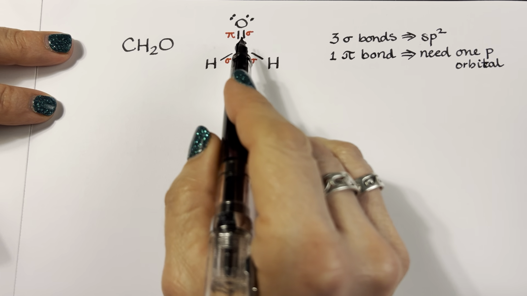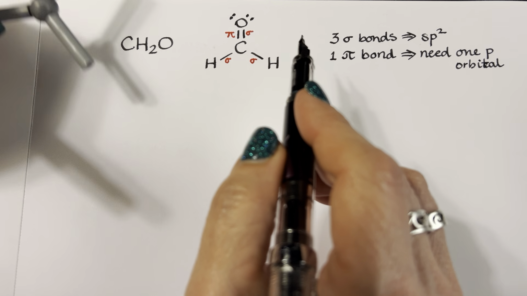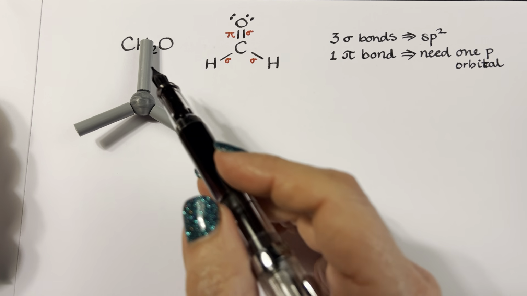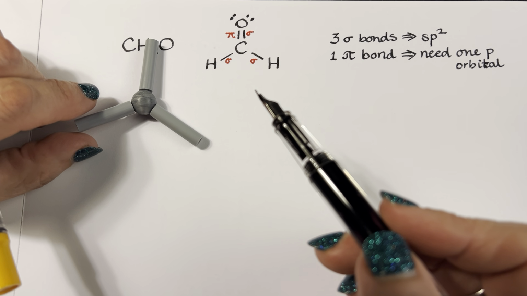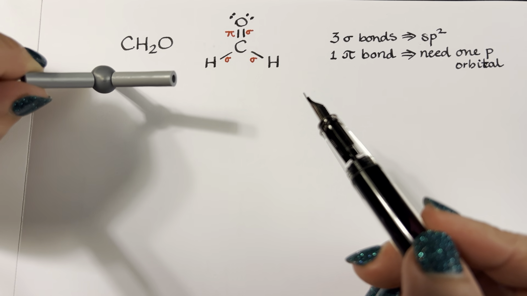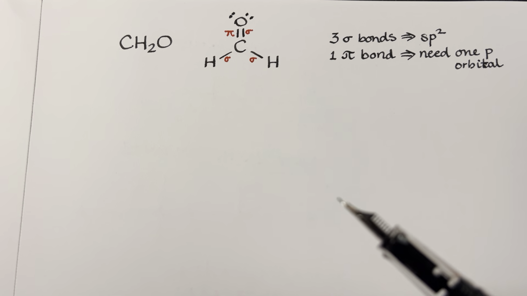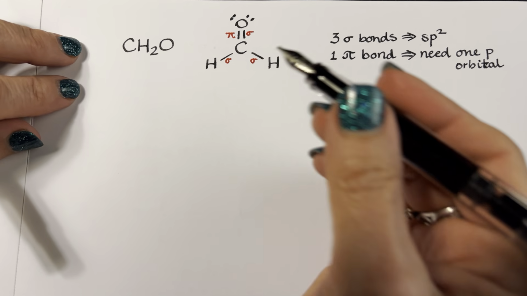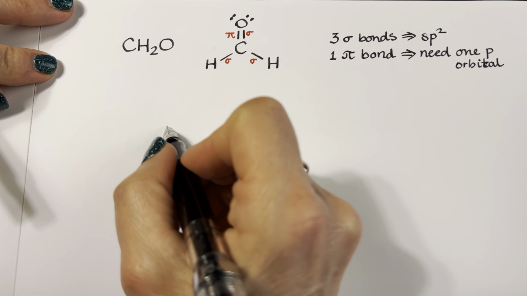Okay, this is more of a bird's eye view looking down on the molecule. So if we just use this as a trigonal planar kind of structure, we're now going to turn this on its side and look at it from the side. All right, so I want to draw this.